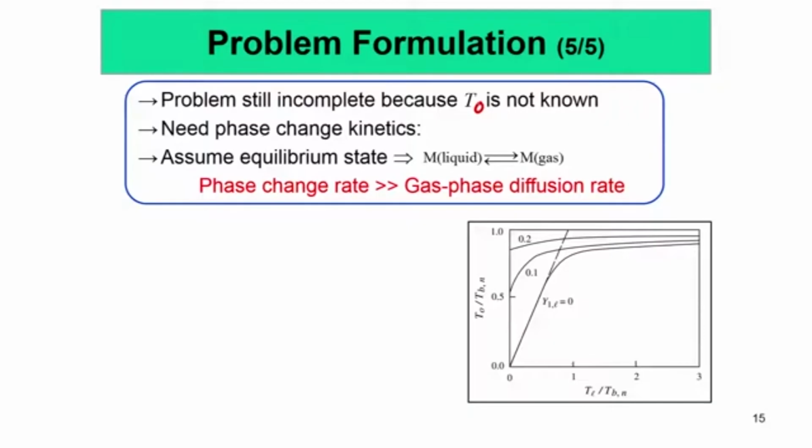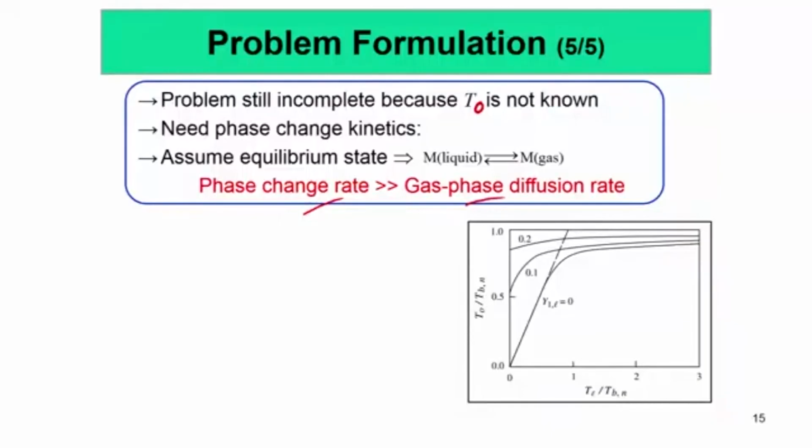For that we have to assume the equilibrium state, where we assume that the same species goes from a liquid phase to a gas phase, and the phase change rate is assumed to be much faster than the gas phase diffusion rate.